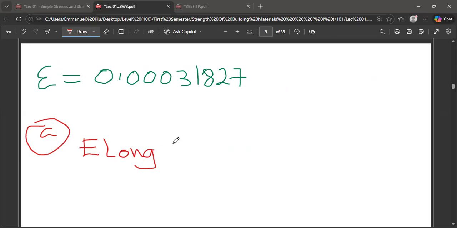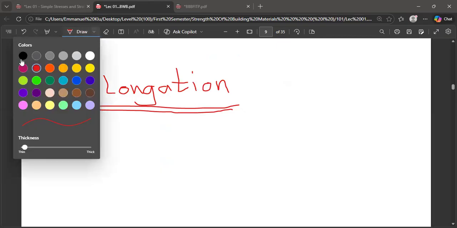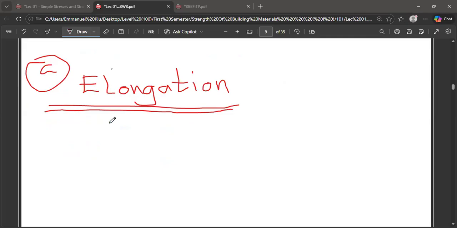And what can it also be called? Extension. Good. And what other thing? In some cases, they can also ask you to calculate for the displacement. Okay. So take note, displacement.